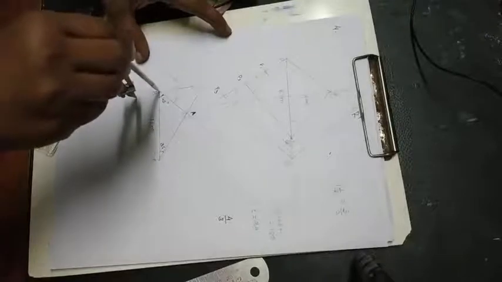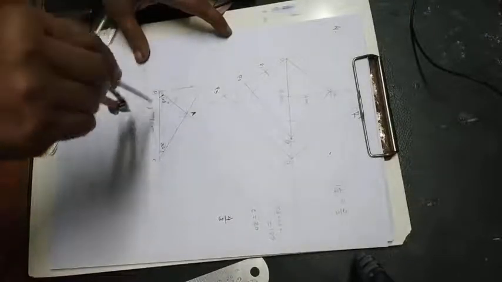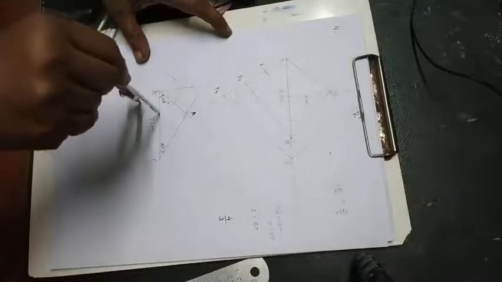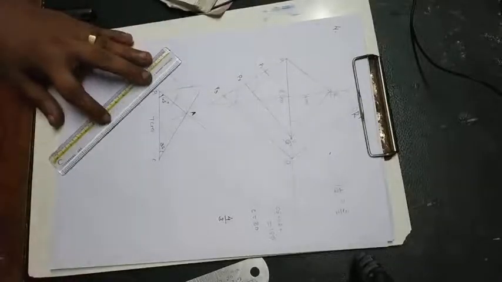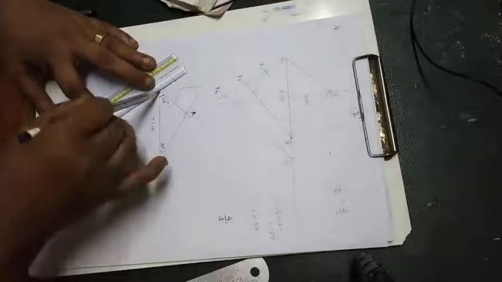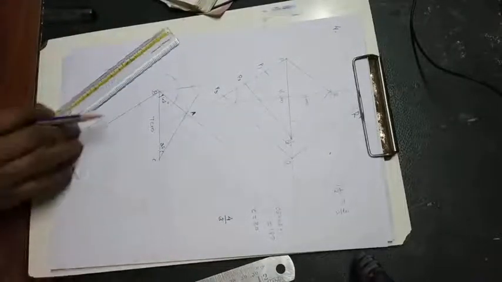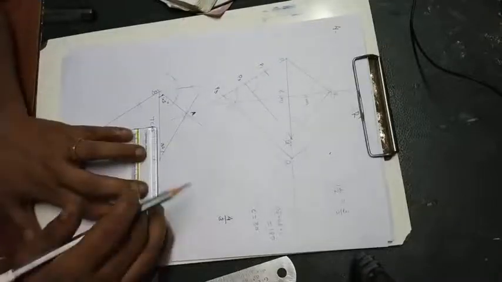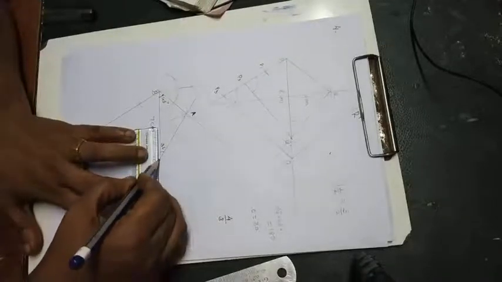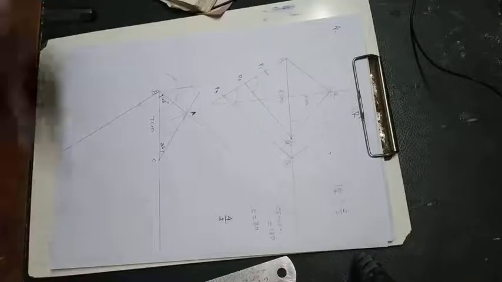So let us construct a 60 degree angle downwards on B. Now divide this line into 4 equal parts. So let us extend this one. 4 equal parts.